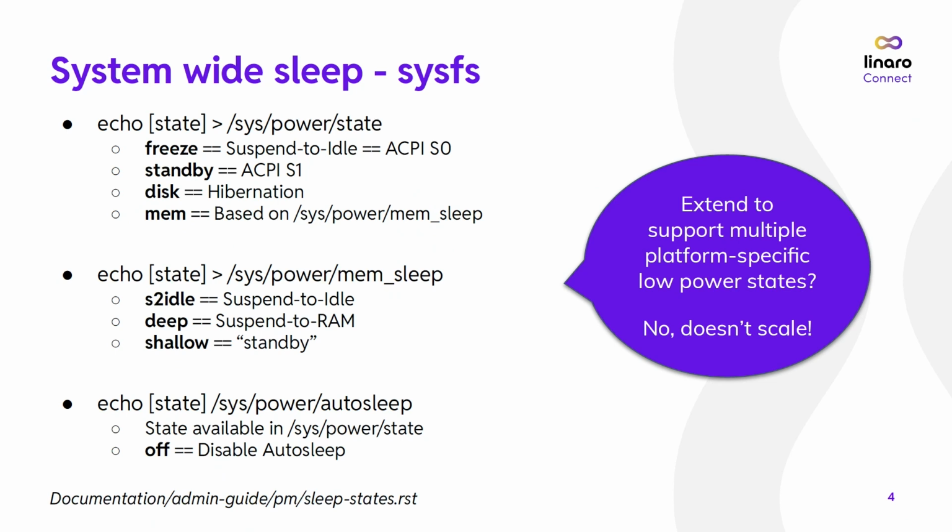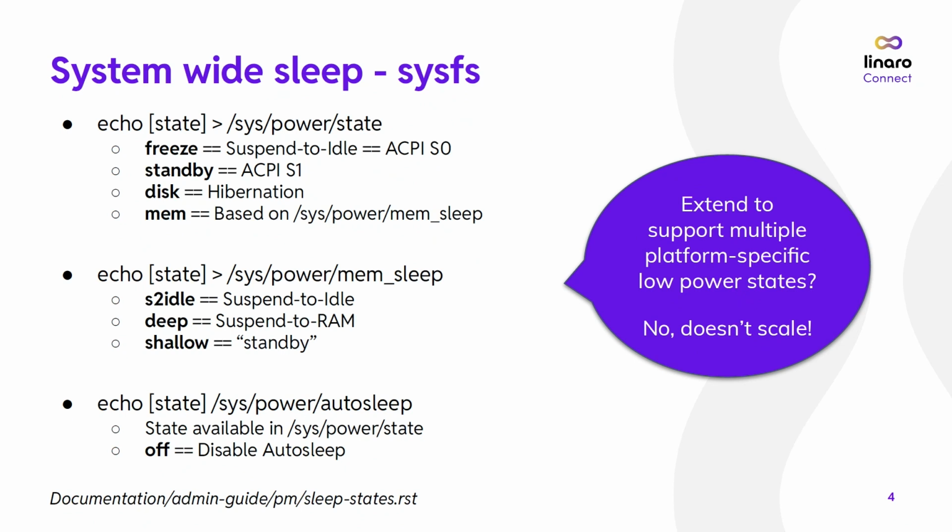So, speaking about those user space driven triggering mechanisms, I just wanted to briefly show how it looks today, just to give you a little bit more context. We have a couple of SysFS nodes where this is being managed from.